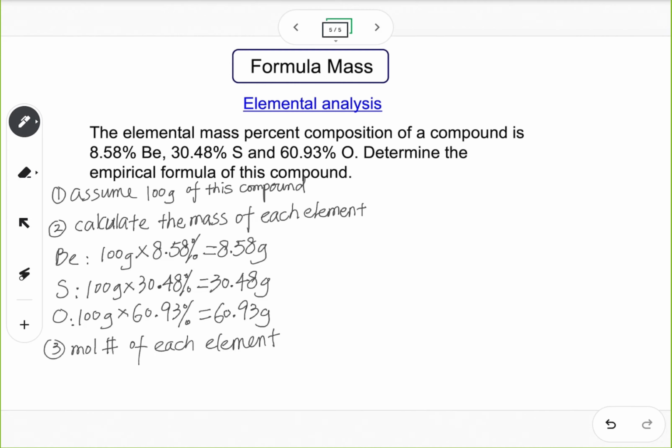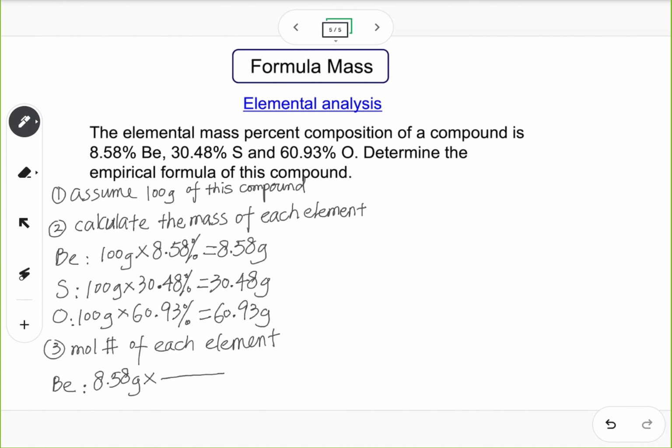Okay, for beryllium, the mole number equals the mass. Remember what we did when we talked about the mole number of the elements. We need to use the atomic mass as a bridge, right? And you have the mass information right here. So 8.58 grams times atomic mass of beryllium.